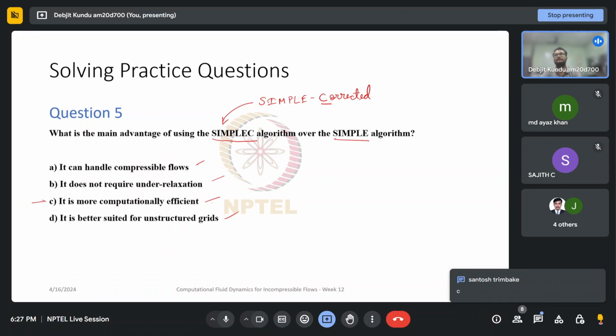Okay, we have one response in favor of option C, that it is more computationally efficient. Let's hear from others. What is the main advantage of SIMPLEC over SIMPLE?